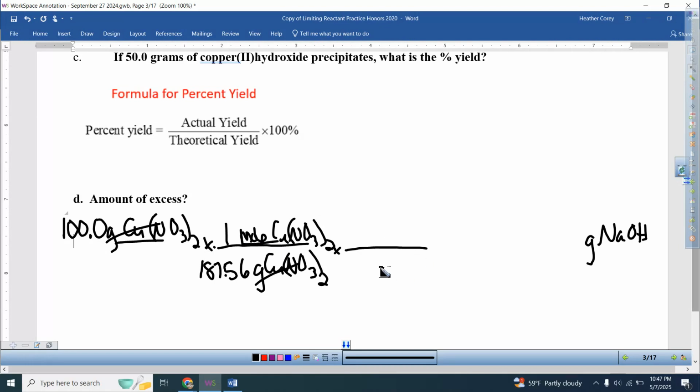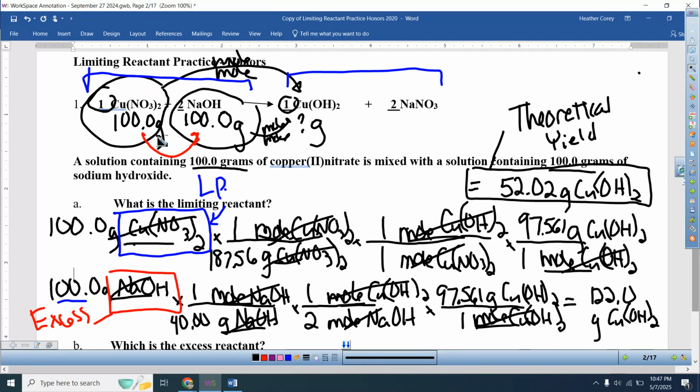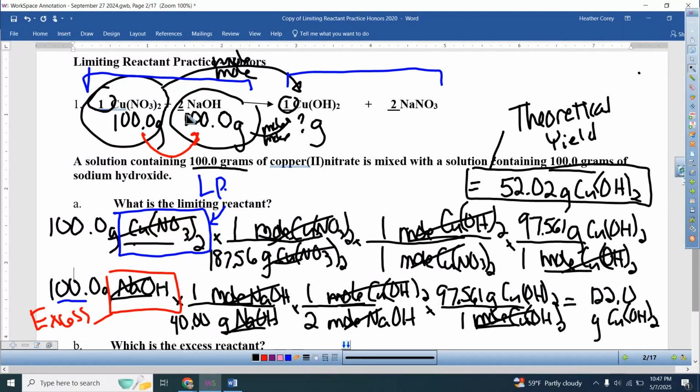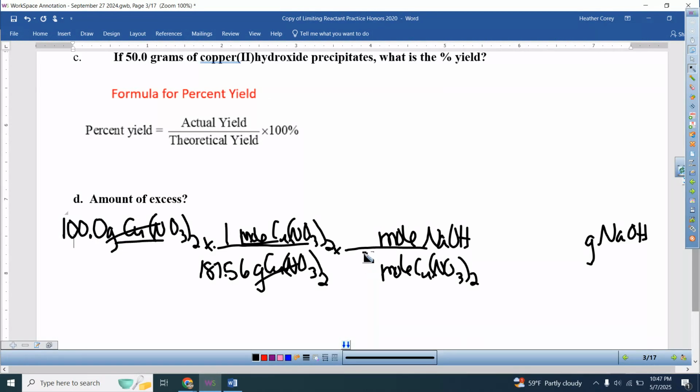Now we're going to copy and paste the moles. And this is where we go from copper nitrate over to sodium hydroxide. We're trying to find the amount of sodium hydroxide. And we look at our balanced chemical equation. We're using these coefficients. So copper nitrate is 1, sodium hydroxide is 2. So it's 2 over 1.